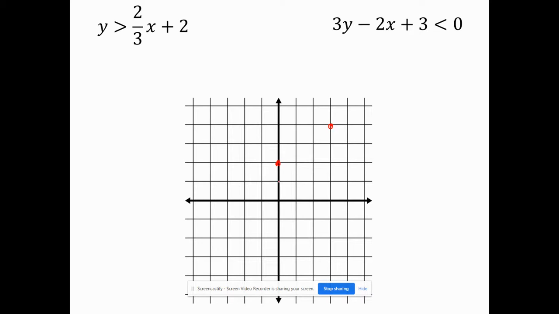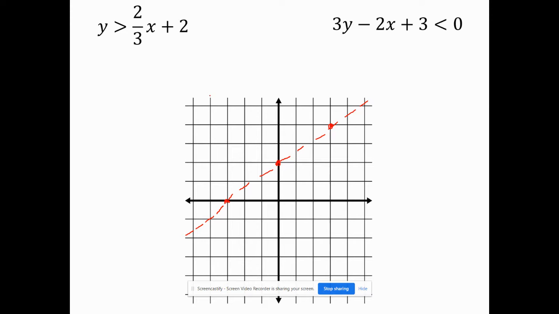I could also go down 2 and left 3 to get another point on there. And then since it's a strict inequality, I should make my line a dashed line, an electric fence. So there's my line. And I should think, okay, I'm going to shade above this line because it's greater than.